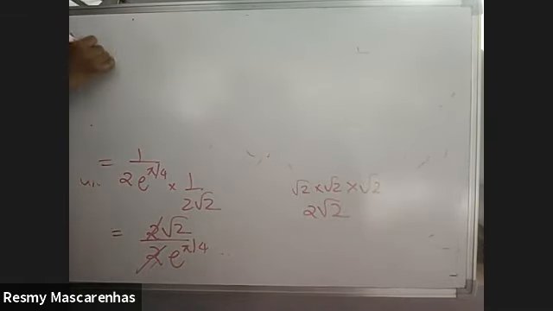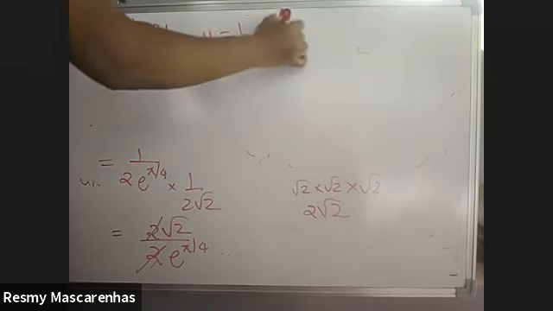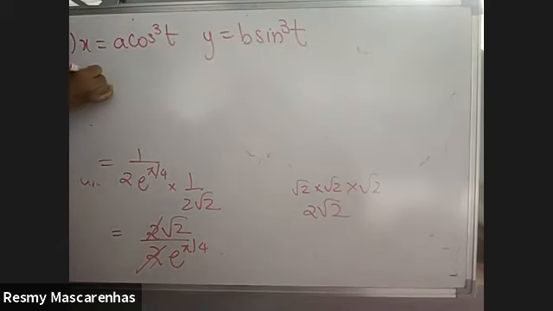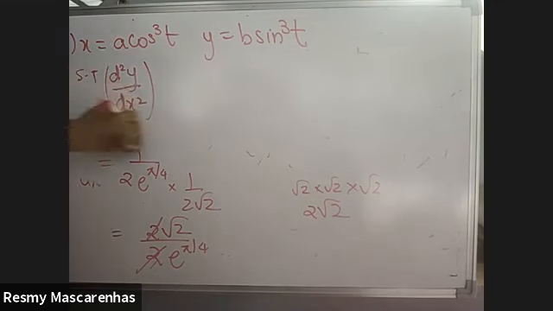Next question. If x is equal to a cos cube t, y is equal to b sin cube t, show that d square y by dx square at t is equal to pi by 4 is the given value.